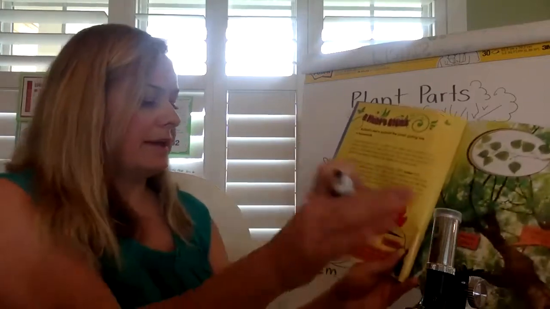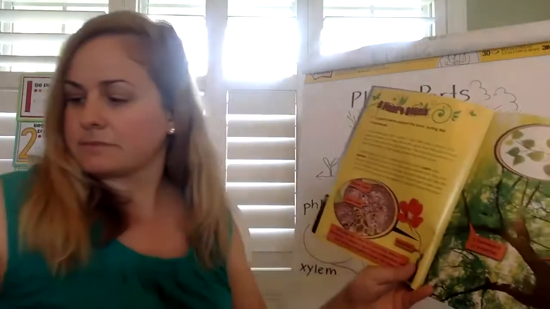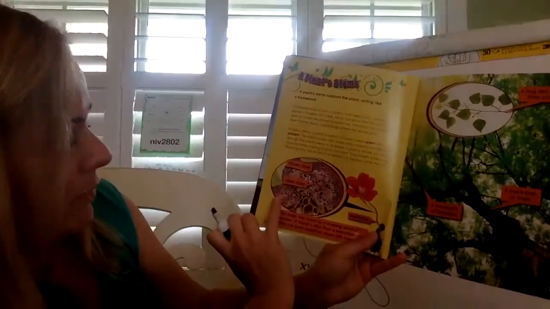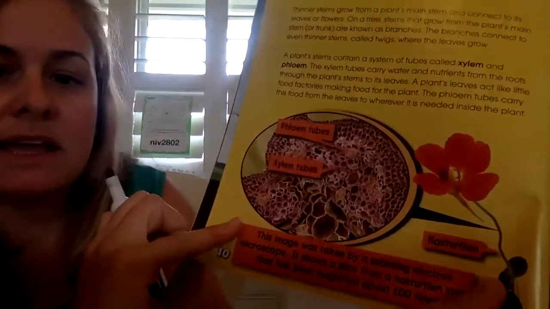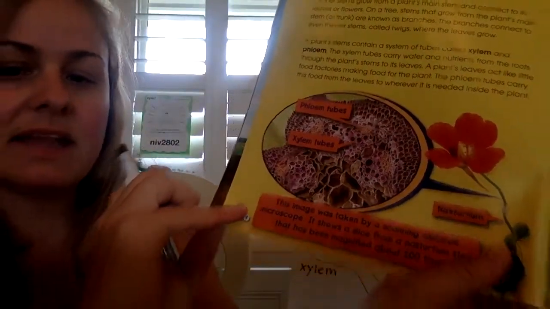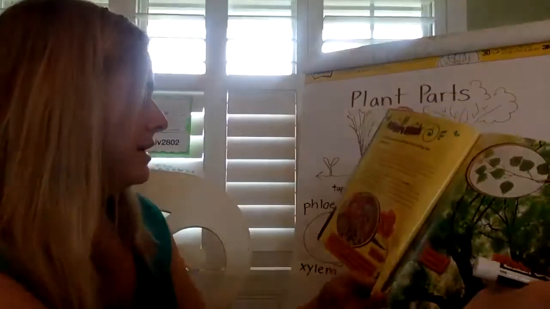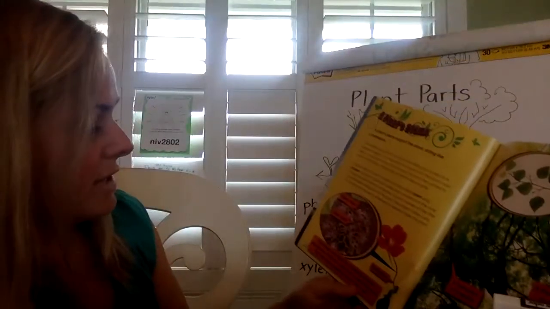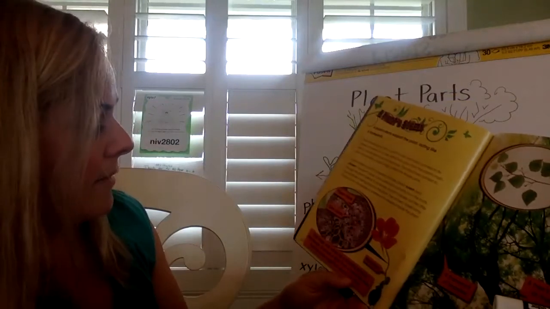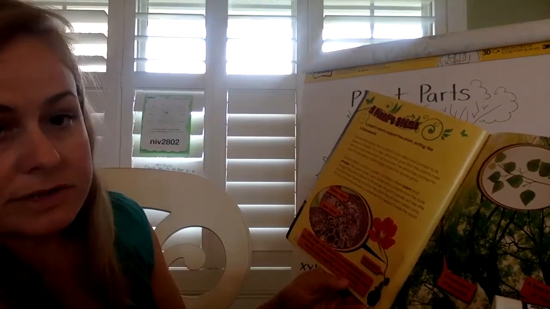So looking under a microscope here, if you can see closely, this image here was taken by a scanning electron microscope, and it shows a slice of the nasturtium stem that has been magnified about 100 times.